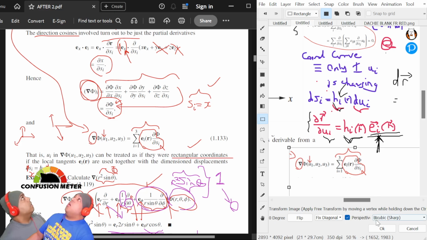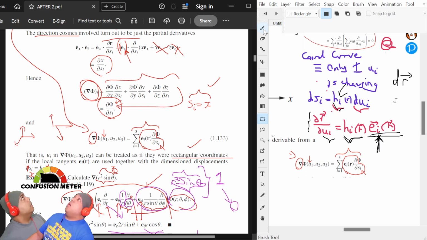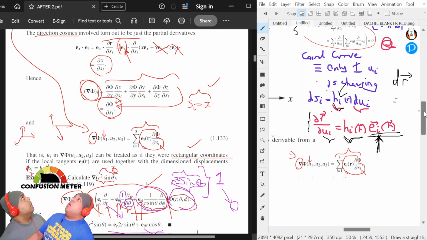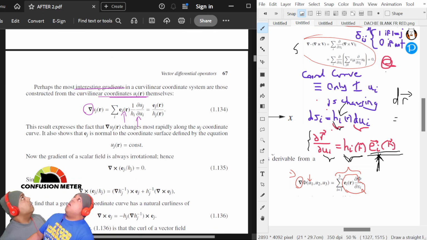Okay, and deselect. So wherever you see del, you can replace it with e_i(r) del s_i.